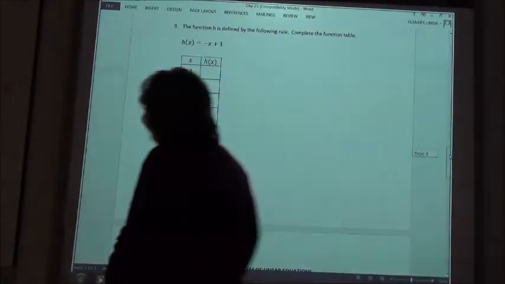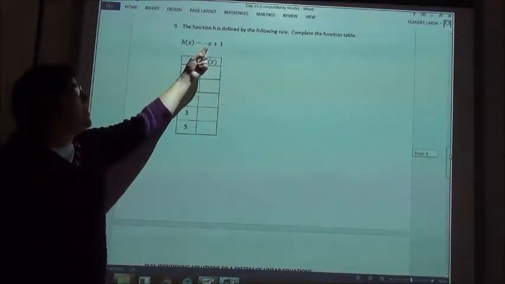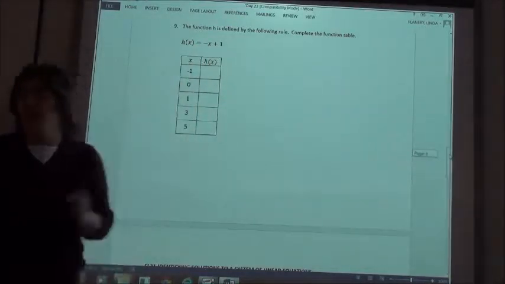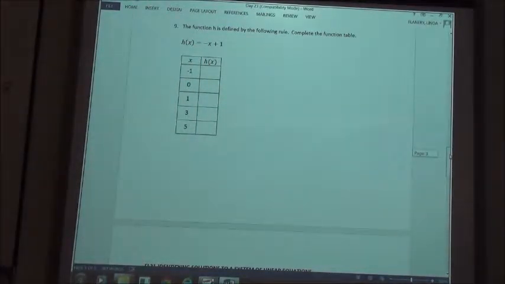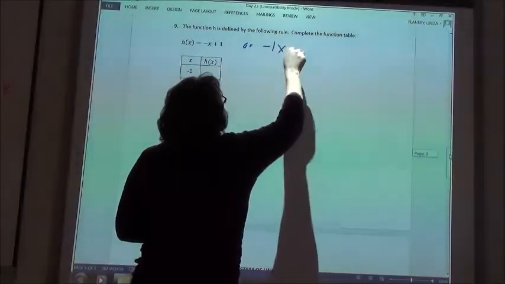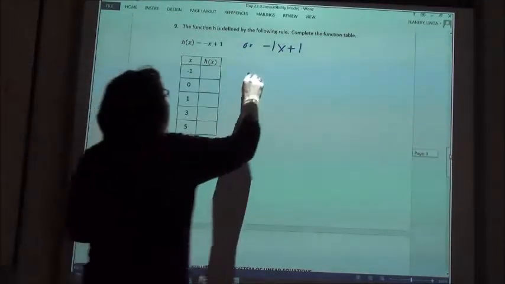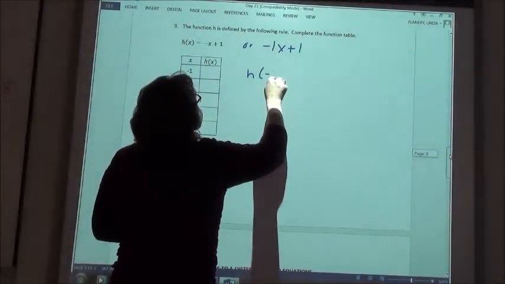Number 9. We have h of x equals negative x plus 1. Now again, keep in mind if you have trouble with that negative x, what's another way you can write negative x? Negative 1x. So if it helps, write it as negative 1x plus 1. Otherwise, on Alex, you would probably see them write this.